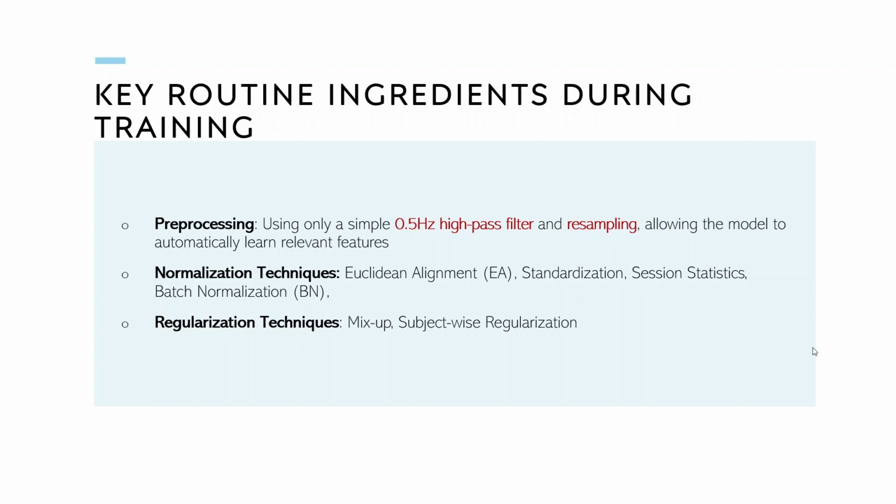This enhances adaptation but cannot be used in online scenarios as described. For standardization, the data is transformed into a mean of 0 and standard deviation of 1. It scales the data across subjects and sessions and is performed to ensure these properties are maintained.